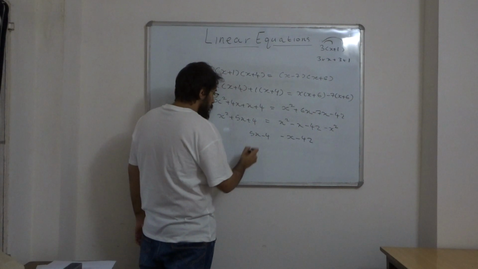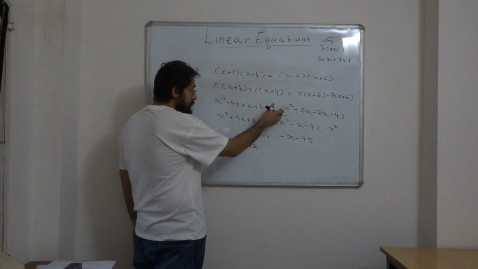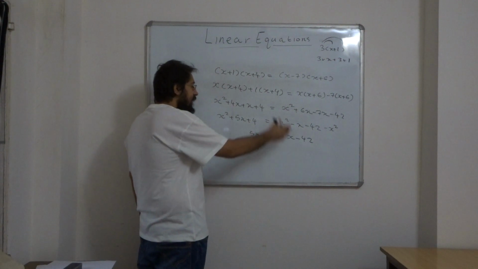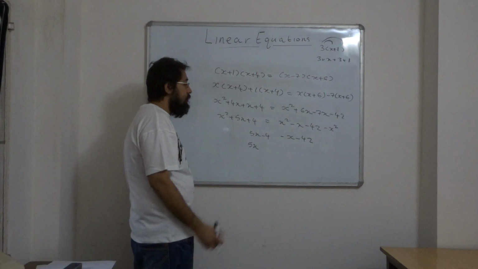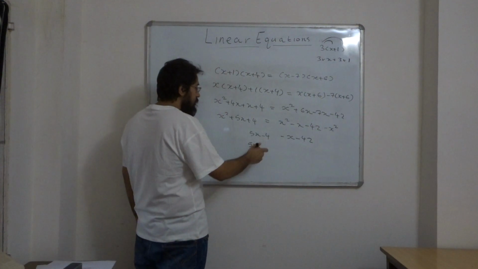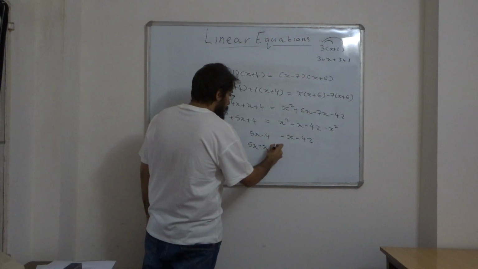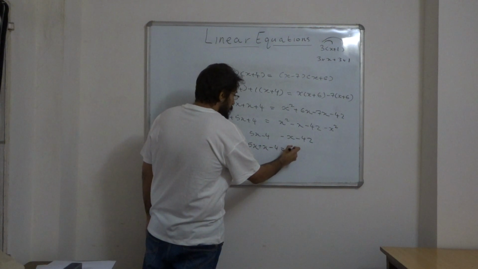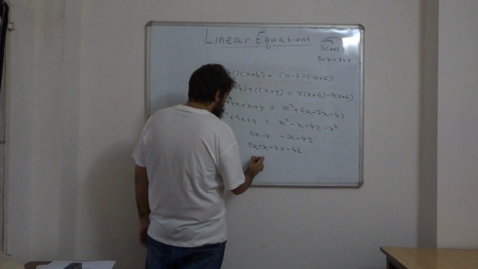So what are we going to get now? Obviously, now guys, finally we have a negative in front of the x. So when we have a negative in front of the x, what does the x become? It becomes negative, right? So when it goes to the other side, it becomes positive. So you have negative 42. Okay? Then you have 6x.